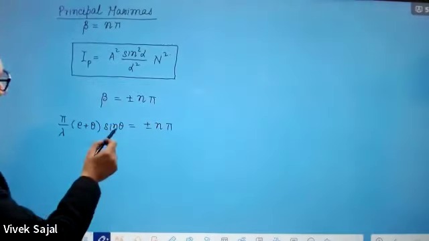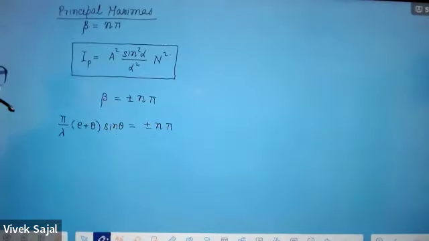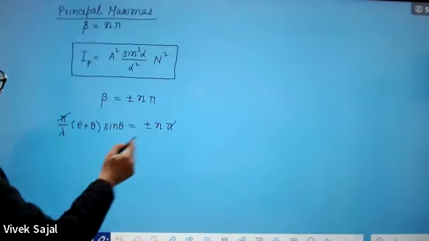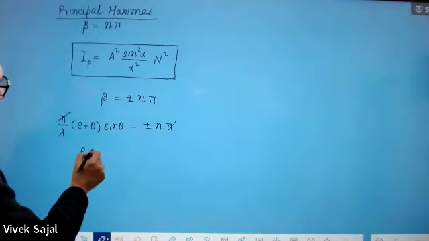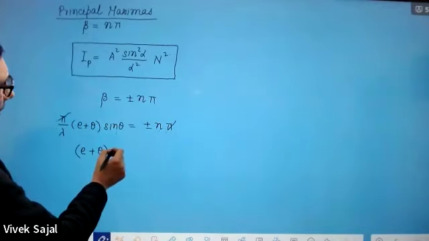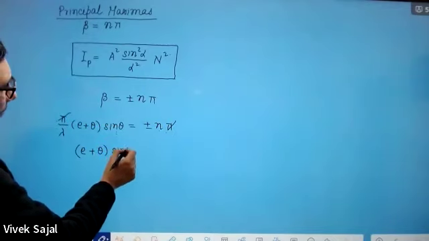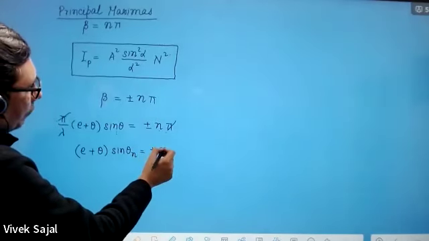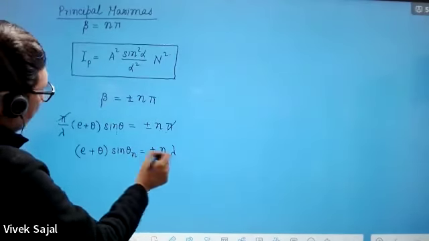So angles which are corresponding to this equation, at those angles you are going to get principal maximas. This pi is going to cancel out, and your equation for principal maxima will be this. Because this will depend upon n, I am writing it as sine theta n. So this will give you the position of nth principal maximum.